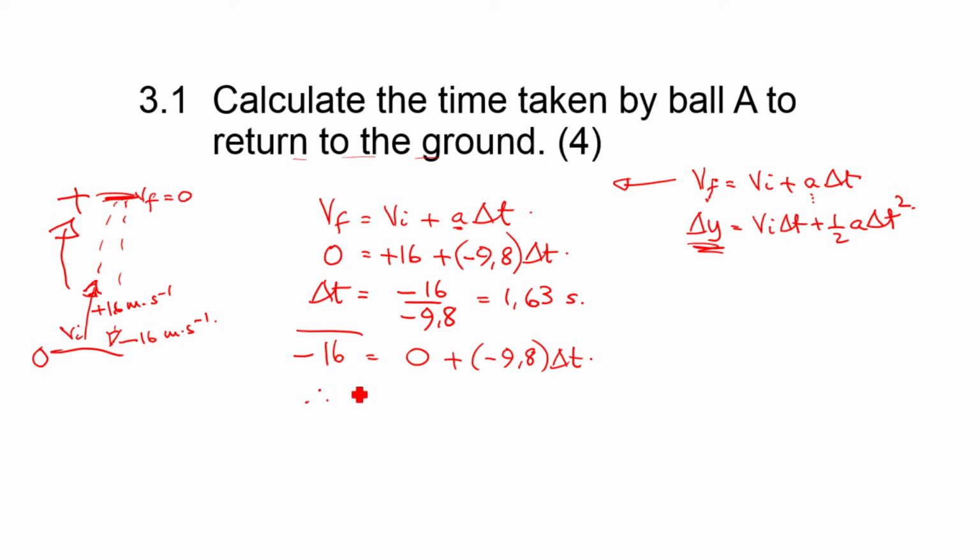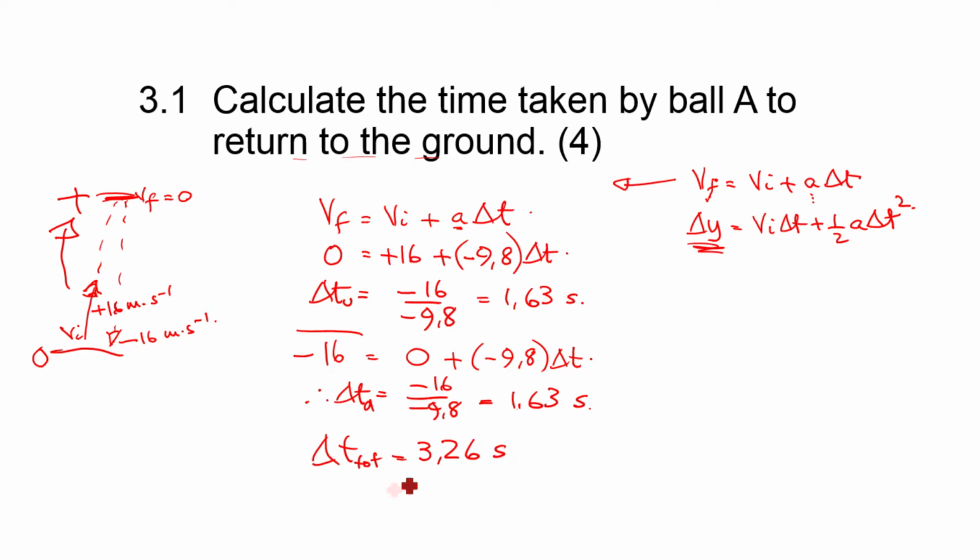And so therefore delta t is going to be minus 16 over minus 9,8. This is for up and this is for down. Same answer, 1,63. Therefore delta t, we'll call this the total time, is going to be 1,63 times 2, which is 3,26 seconds.